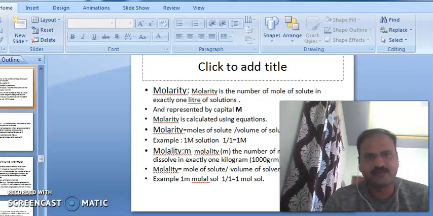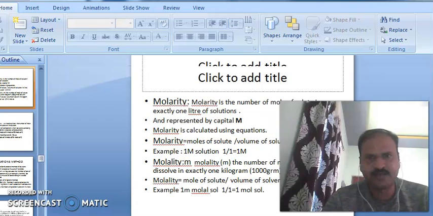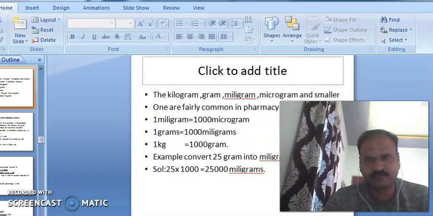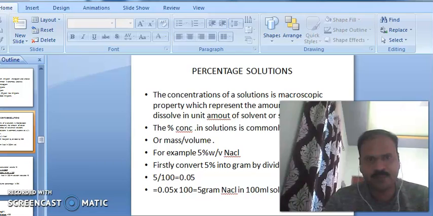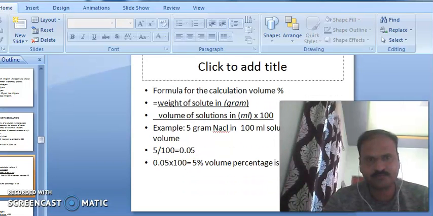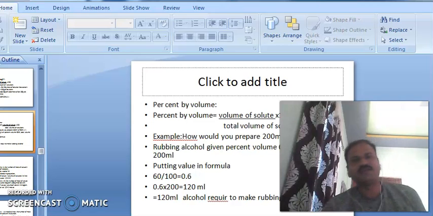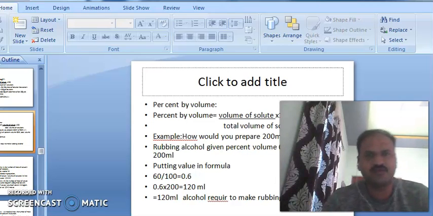Percent by weight. Next, percent by volume. Percent by volume is equal to volume of solute upon total volume of solution into 100.